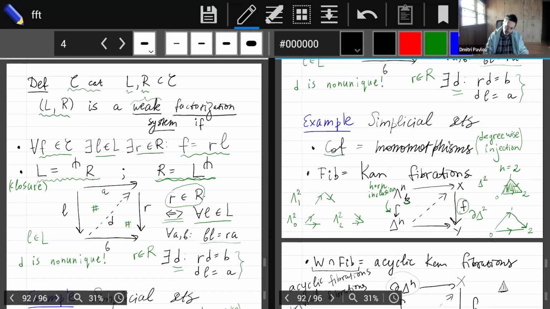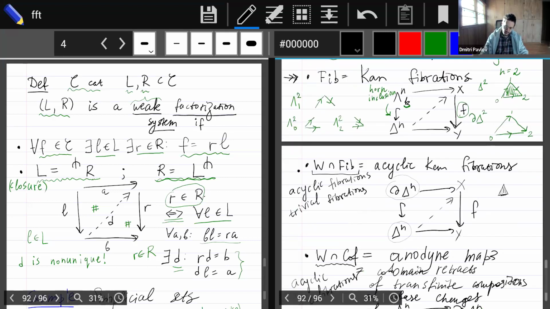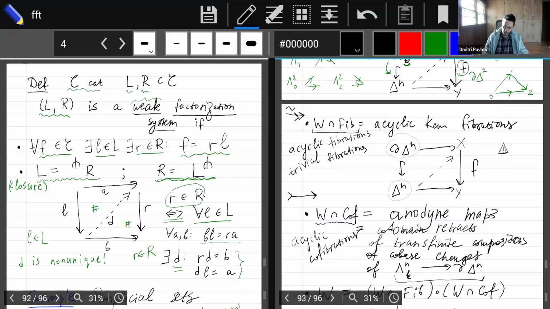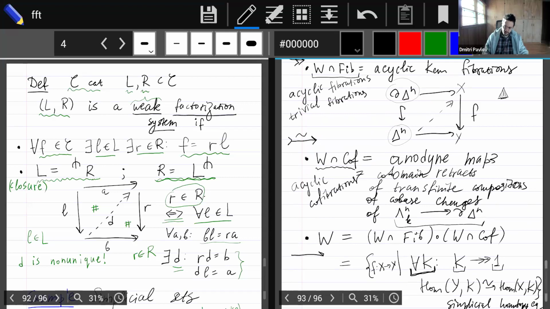Cofibrations will typically be denoted as an arrow with a little sort of feathers at the other end. Fibrations would be denoted using a double arrow. If you have a weak equivalence, you would put a tilde on top. Of course, just weak equivalences would be denoted using a single tilde.